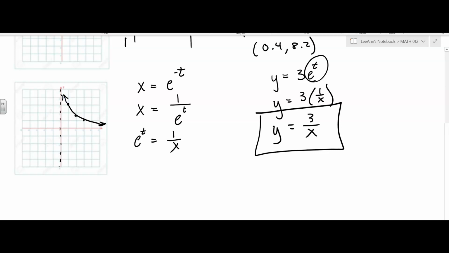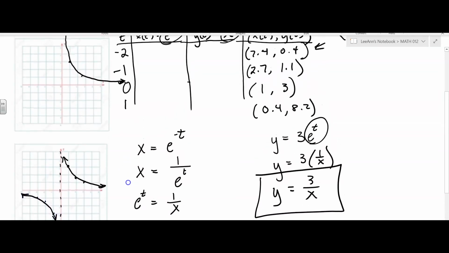And then you also, though, if you were to plug in negative values, so if you plugged in -1, you'd get -3. And if you plugged in -2, you'd get -1.5. And if you plugged in -3, you'd get -1. And so you get the matching part over here. So you notice the two curves look a little bit different.